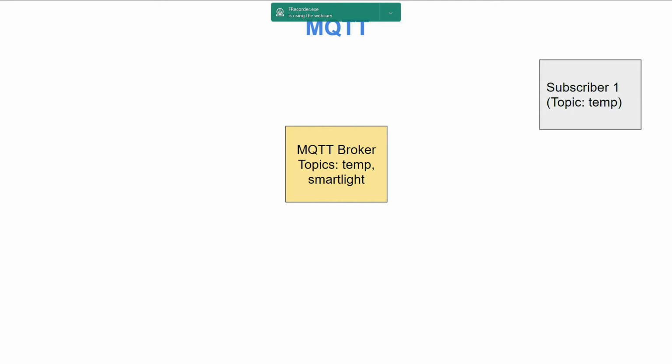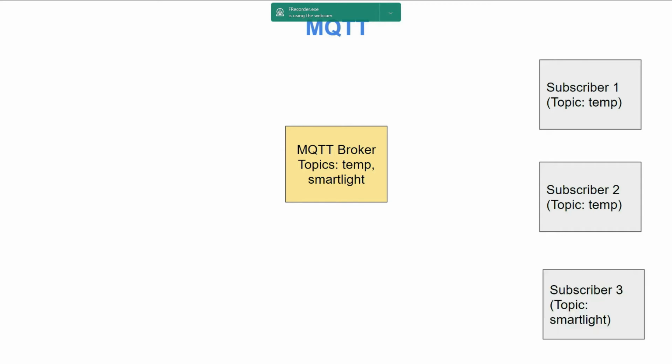So let's say we have subscriber 1, which you see on the right hand side, and this subscriber 1 is subscribed to the topic temperature, or temp. Similar is subscriber 2, it has subscribed to the topic temp, and subscriber 3, let's say it has subscribed to the topic Smartlight.